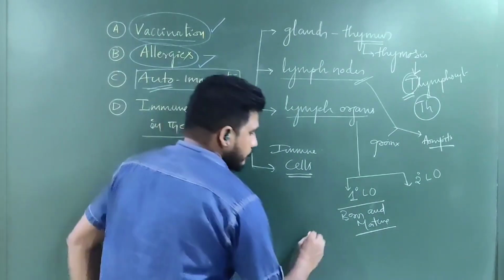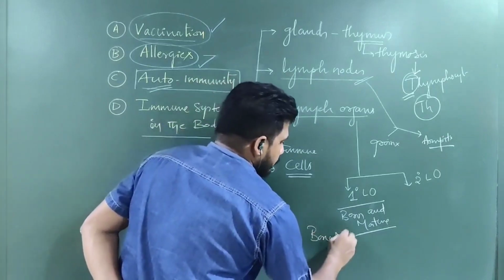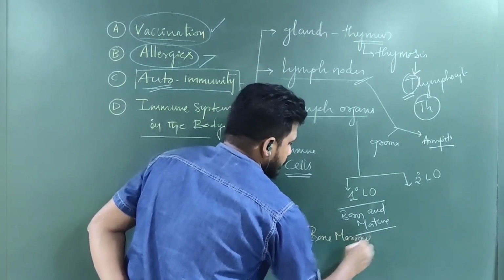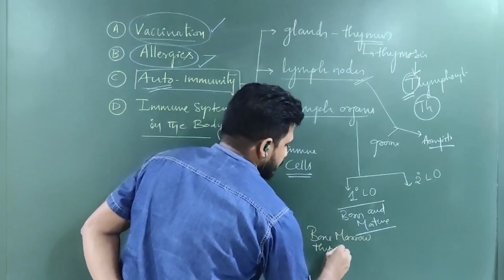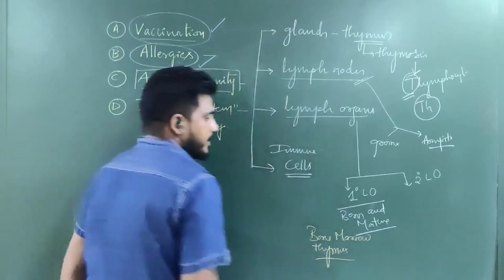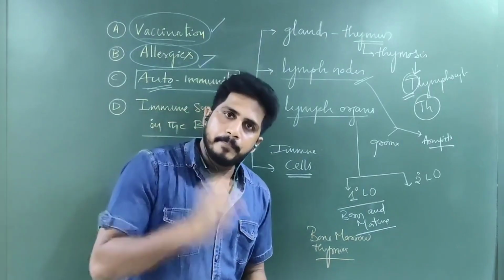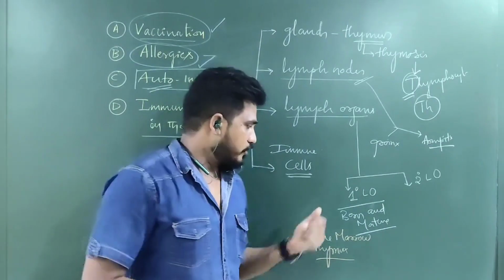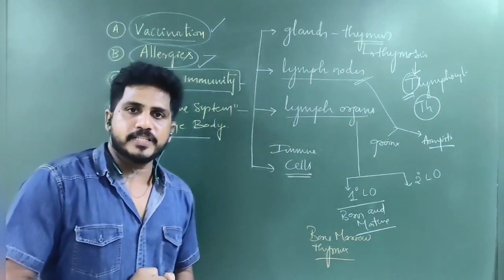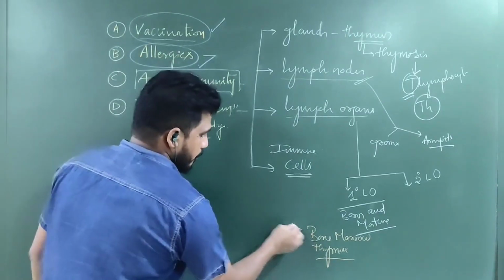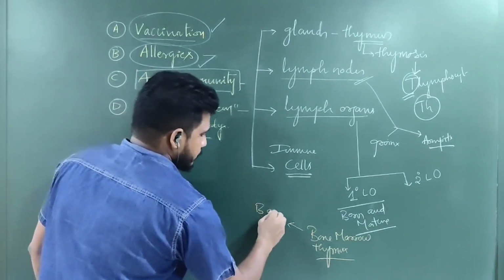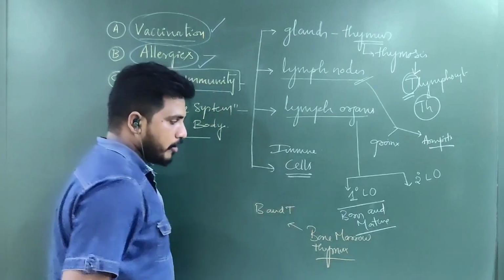Examples: bone marrow and thymus. These are very important organs for the birth and maturity of B lymphocytes and T lymphocytes. Mainly in the bone marrow, B lymphocytes and T lymphocytes are born.